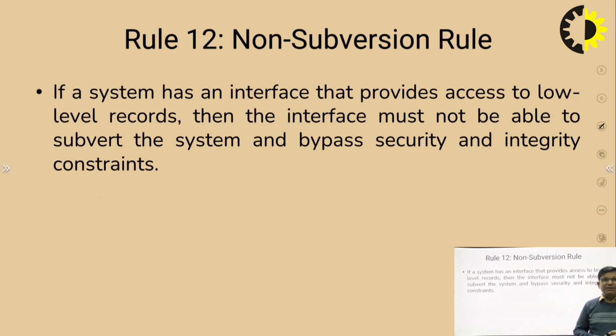Non-subversion rule. If a system has an interface that provides access to low-level records, then the interface must not be able to subvert the system and bypass security and integrity constraints.